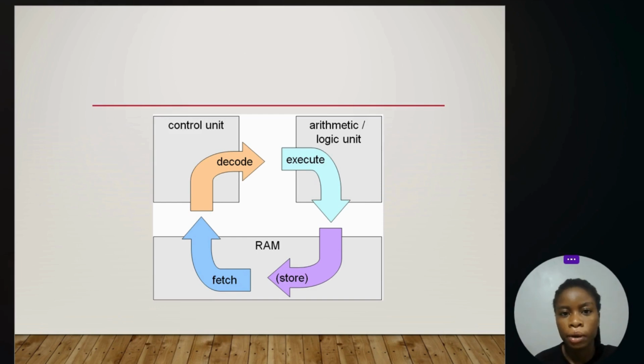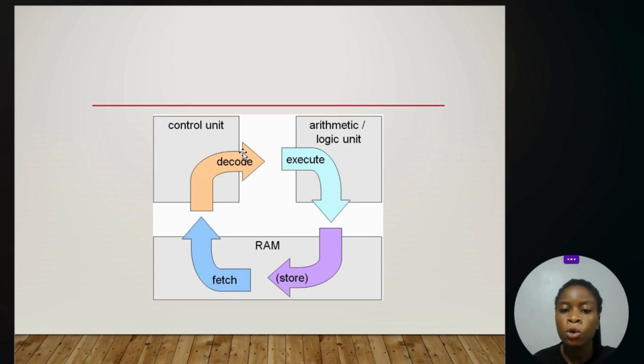This diagram is just a sample to show how the phases are done. Here we have the RAM. The CPU fetches instructions from the RAM and sends them to the register.